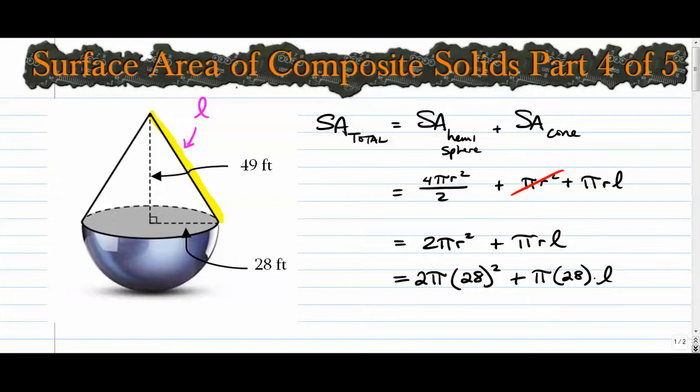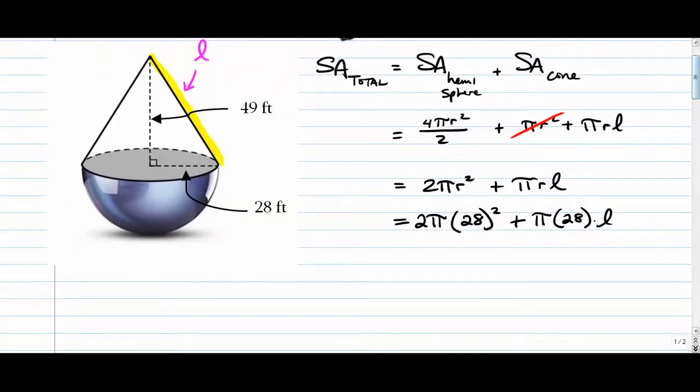And if you need a little bit more of a refresher on that, please go back to the videos that have cones and pyramids. But what we're going to do here is hopefully see that we're looking at a right triangle, and since it's a right triangle, we're going to use the Pythagorean Theorem. So 49 squared plus 28 squared equals L squared, and that'll give you your slant height.